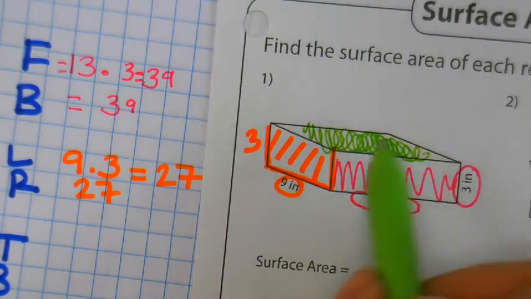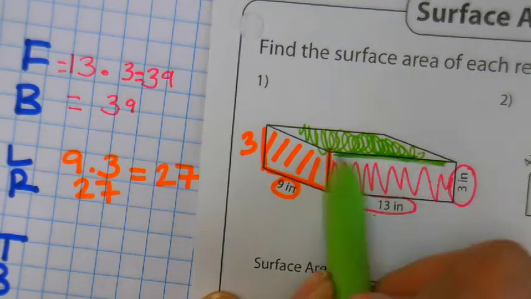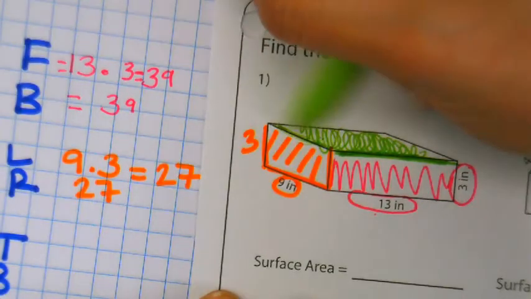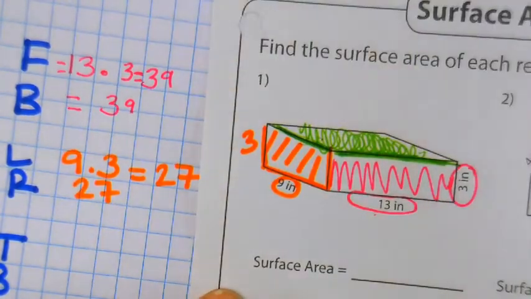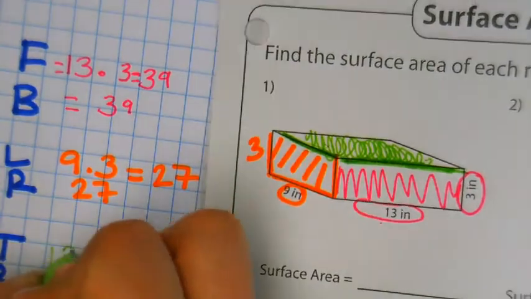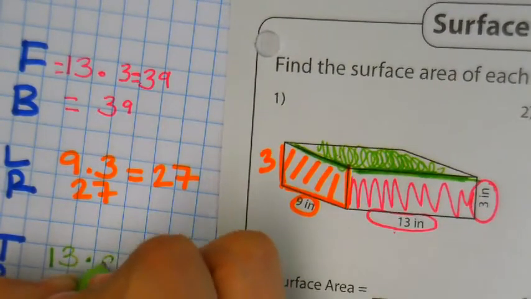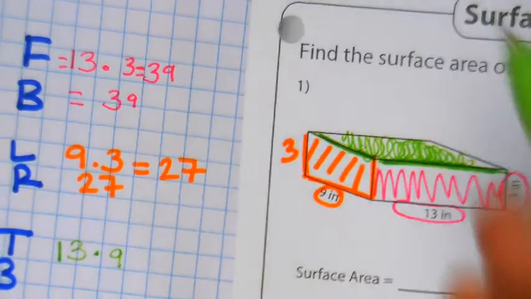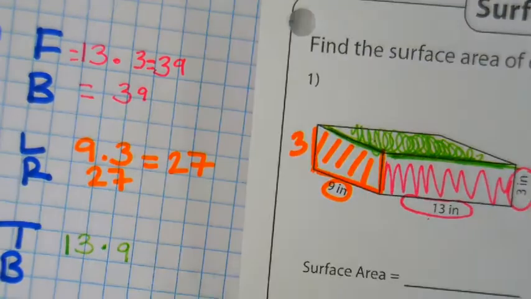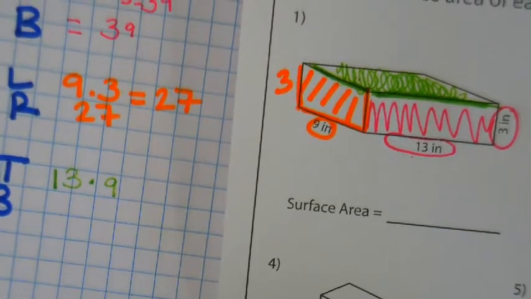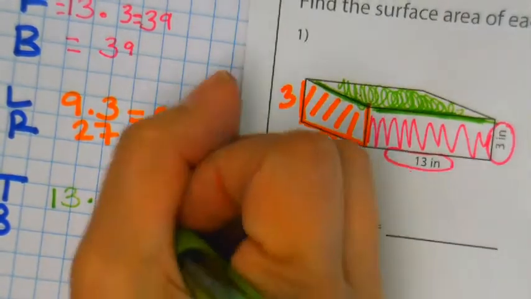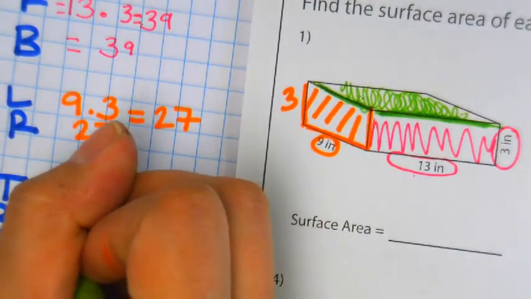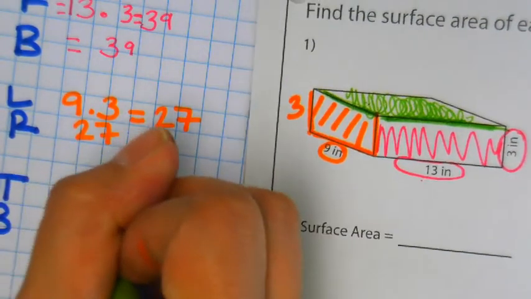Okay, so what is the measurement of this line right here? 13. And what is the measurement of this line? 9. Right? So then it's 13 times 9. And look, I haven't multiplied 13 times 9. What's 13 times 9? Very good. So then the bottom is also 117.